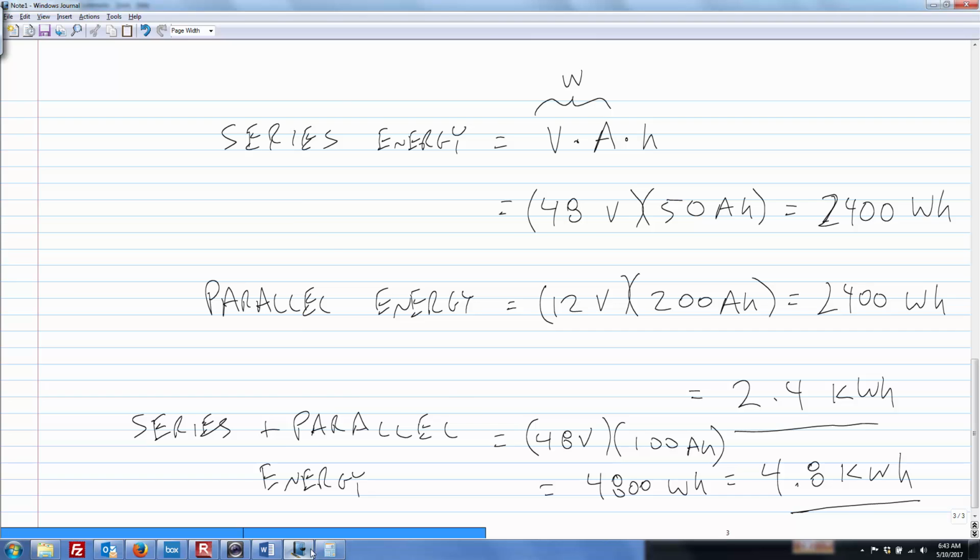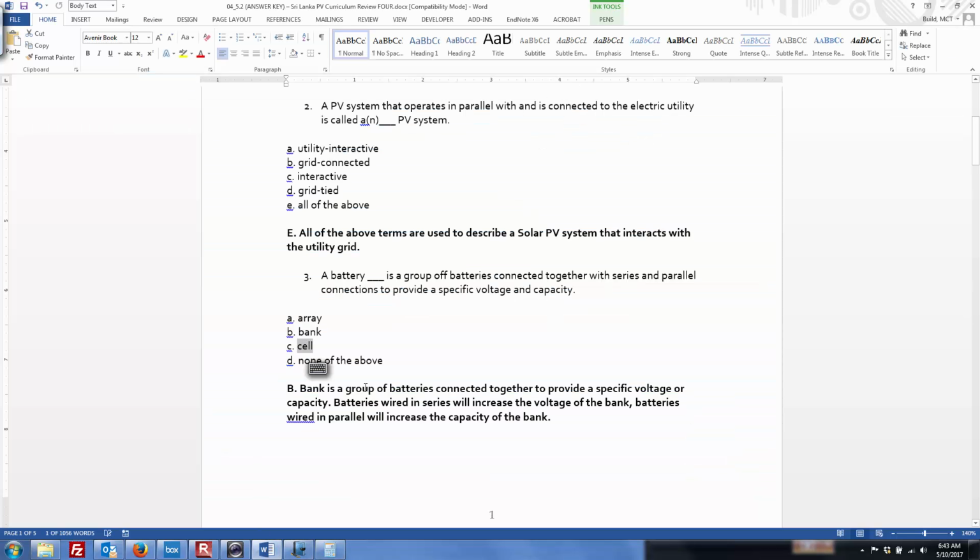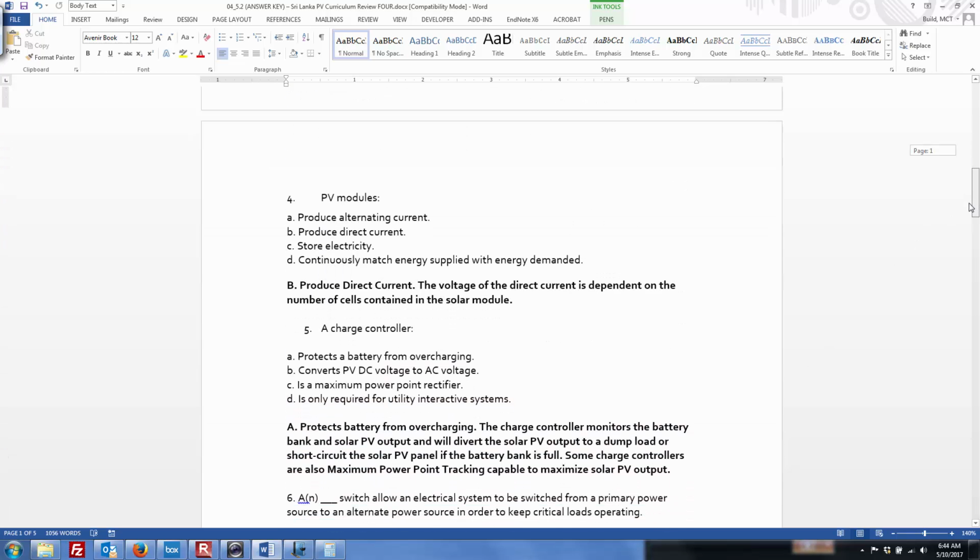Okay, there we go. So let's head on to the next question here. So now we saw this was a battery bank, different ways to put them together. I showed you what a cell is. It's always the lower voltage. And there we go. Okay, next one.